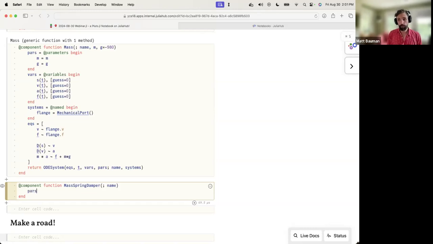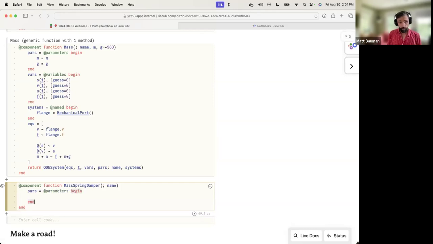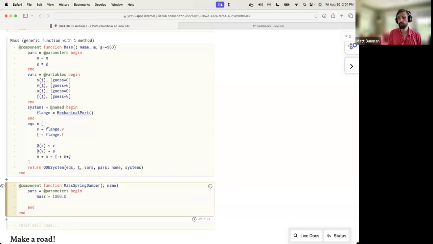And so our parameters here are going to be, parameters begin. These are going to be the actual values that we want to use. So let's use 1,000 as our mass. We can set gravity. We can imagine that we're weightless, if we wanted to. Our stiffness of our spring, our K factor, we can set to be some value.